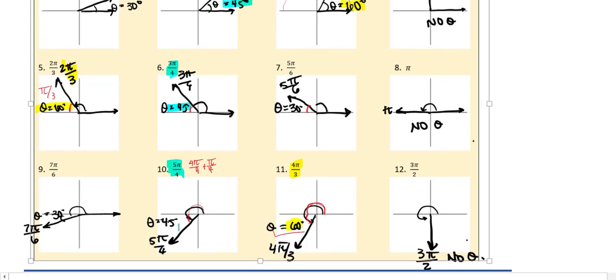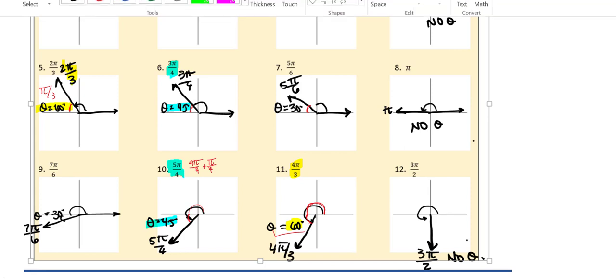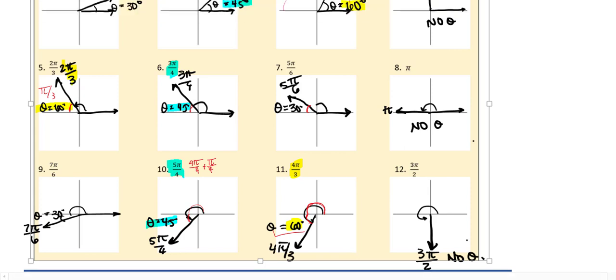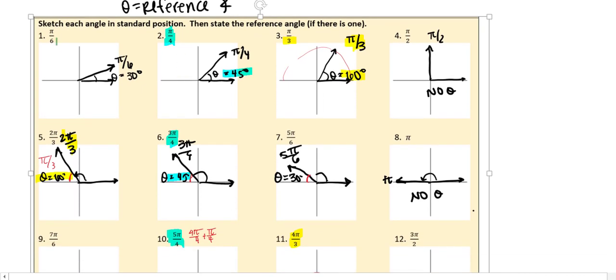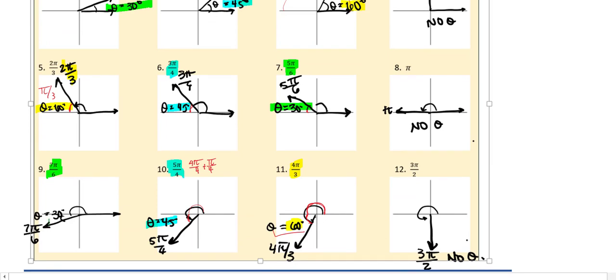Every single time, I'll let you guys figure this one out on your own, but every single time I'm given a sixth, I also have a similar reference angle. We're 1/6 away from my closest x-axis. So just starting to make some connections here.